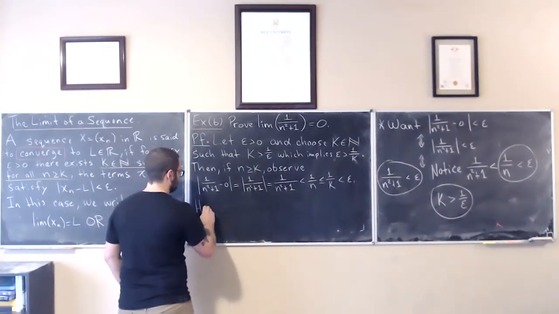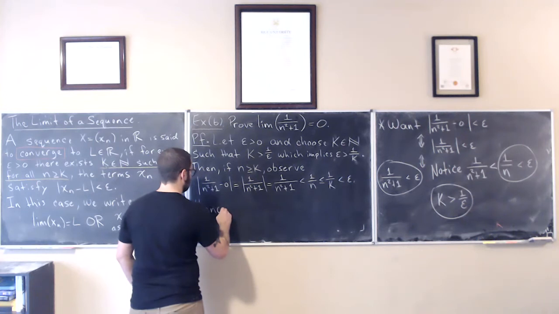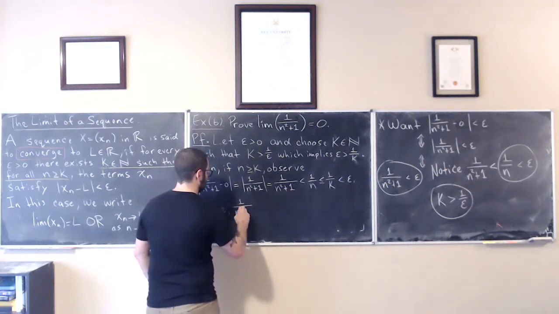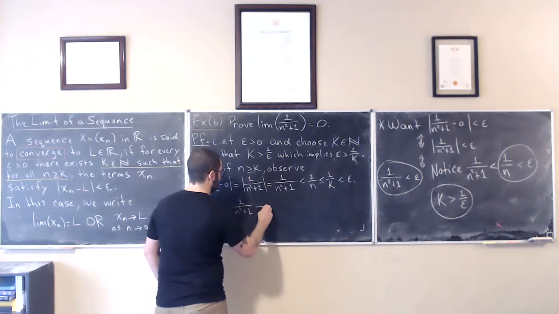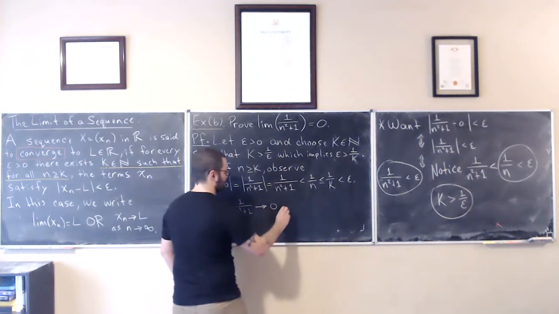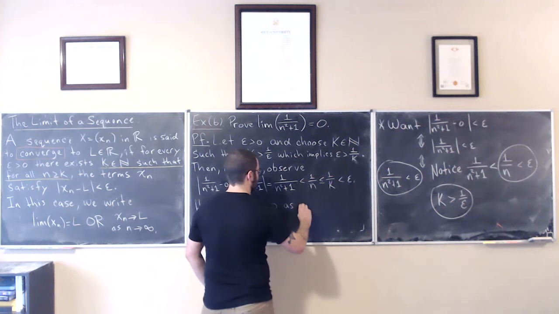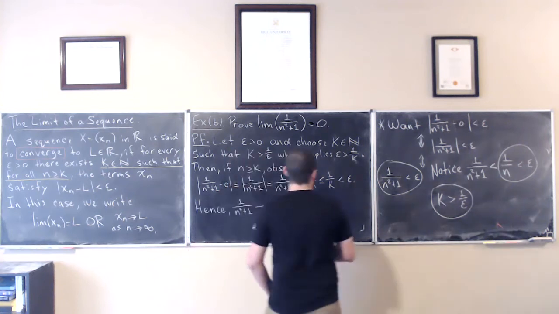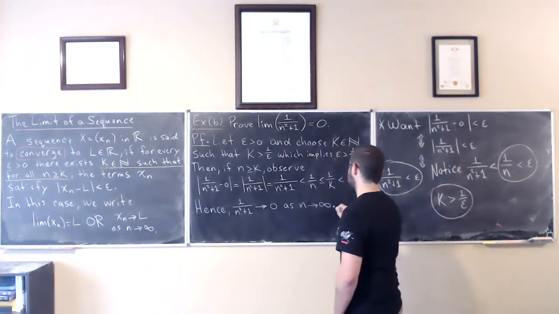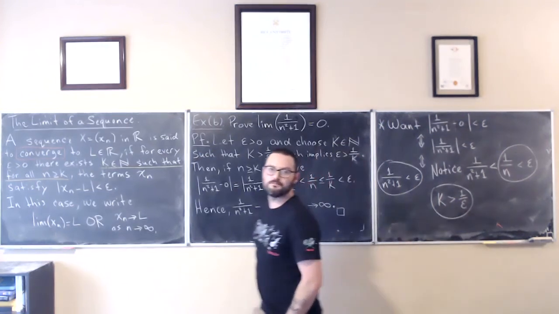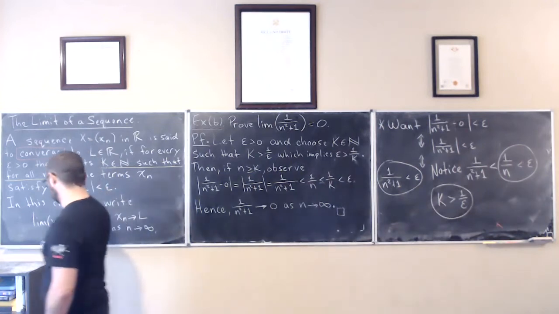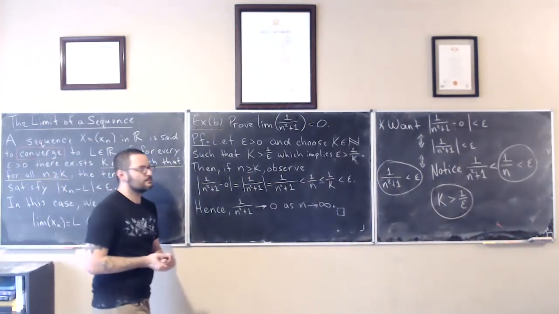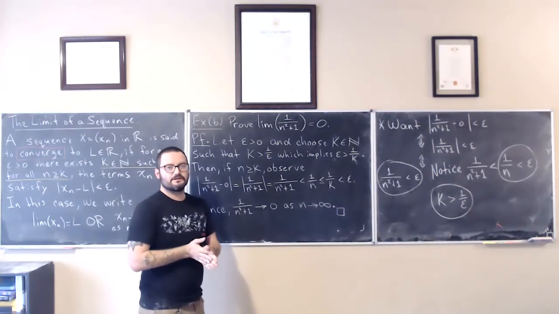So then we just finish it off by saying, hence, 1 over n squared plus 1 converges to 0 as n goes to infinity. That's the same thing as writing that. Any questions on that?